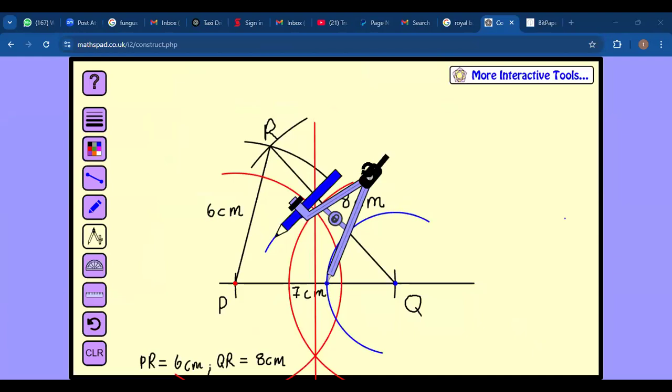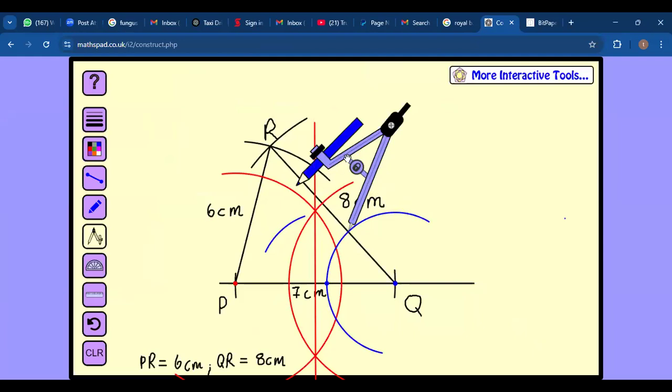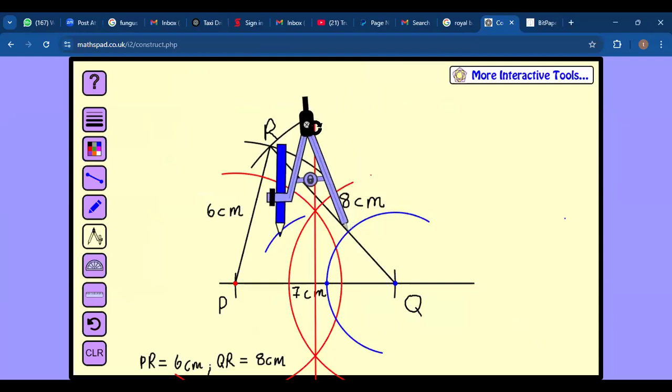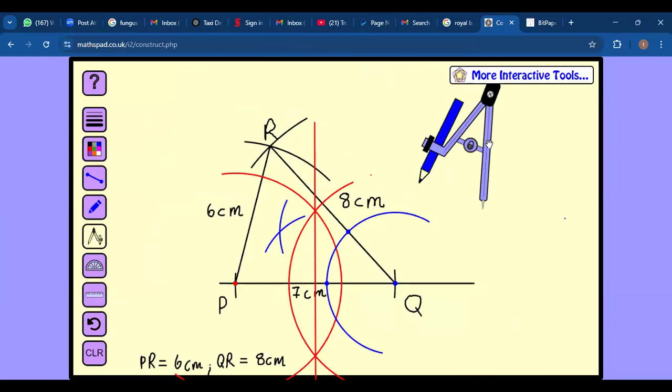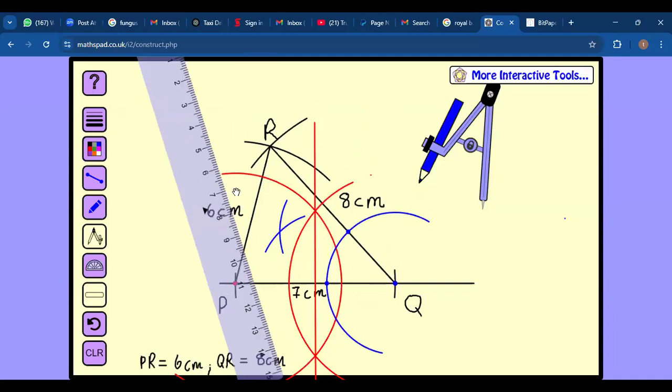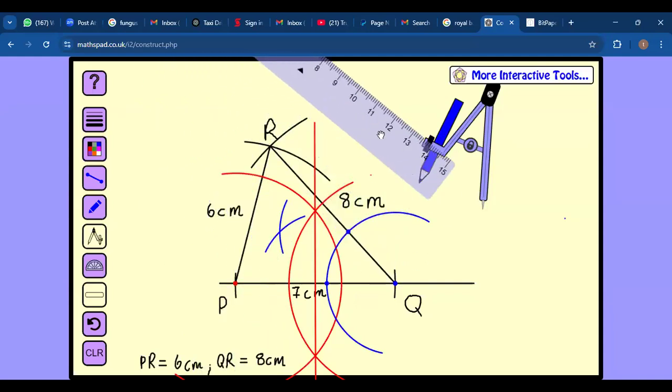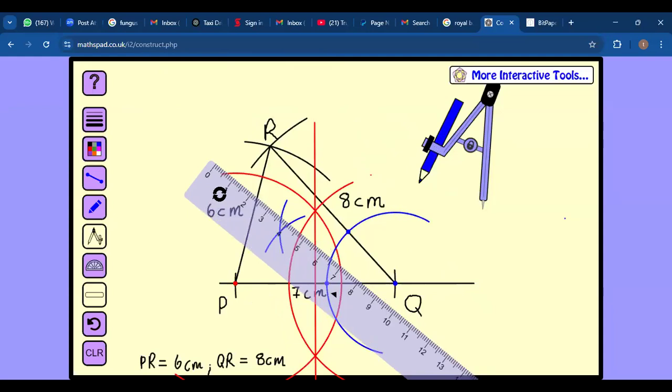After I already did this, I'm going back up here to this side, and I'm going to draw another arc. Very good. Then I'm going to take my ruler and draw a line, and this line is going to cut this intersection in the middle.